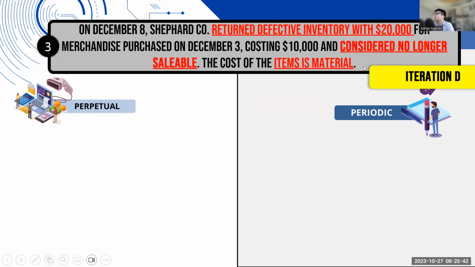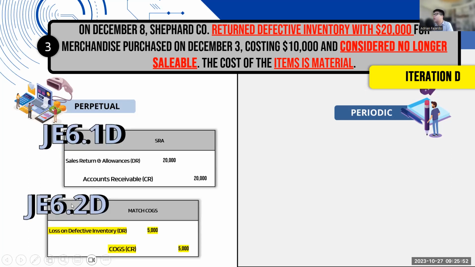Iteration D. Nag-return ka ulit ng 20,000, it costs 10,000, pero sinabi sa'yo, it's considered no longer saleable, the item is material, we will have loss on defective inventory, which is basically an expense, credit COGS of 5,000.